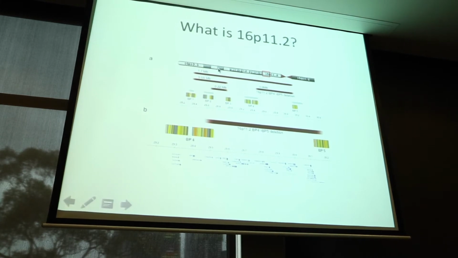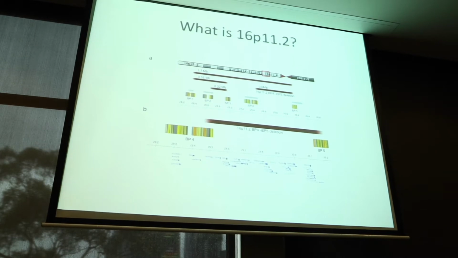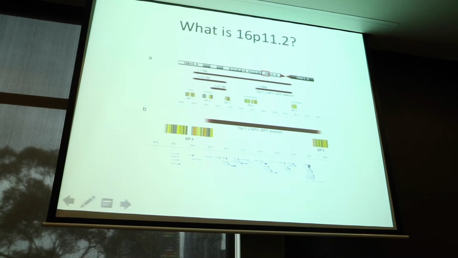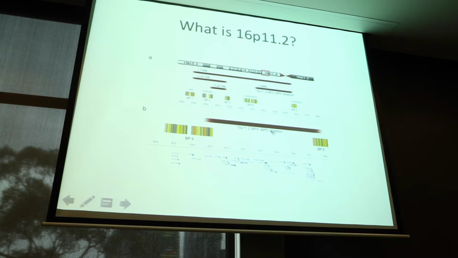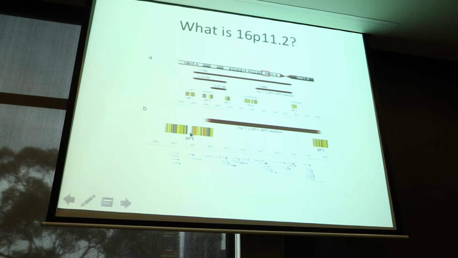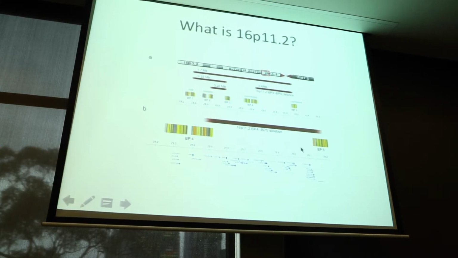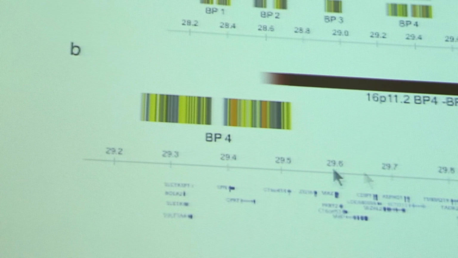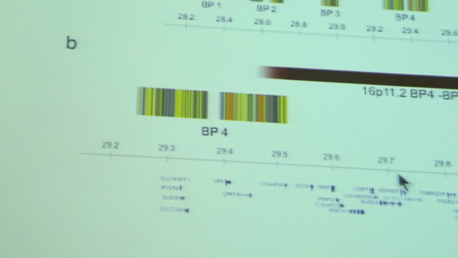So each one of these is like a little neighborhood, and in these neighborhoods, these genetic neighborhoods, sit lots of different genes. And so what we're focusing on is this region here that spans from what we call breakpoint number 4 to breakpoint number 5. And in that region, there are about 30 genes.